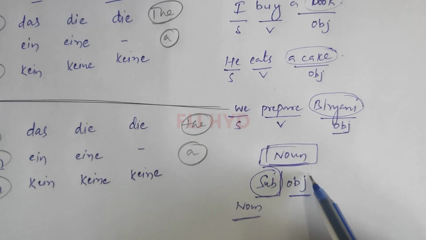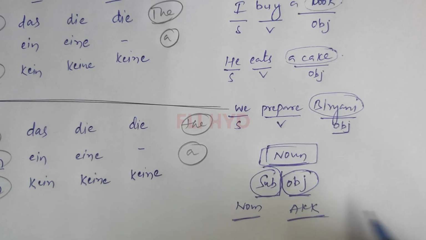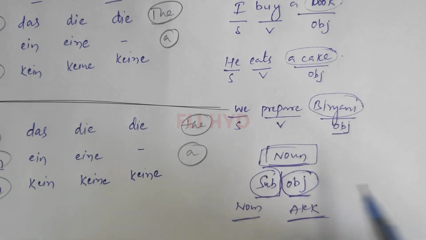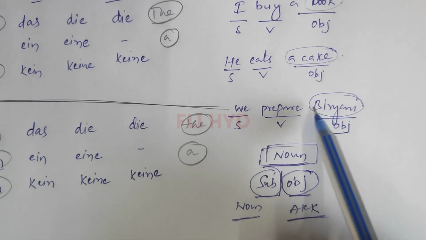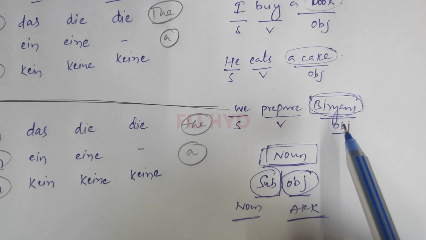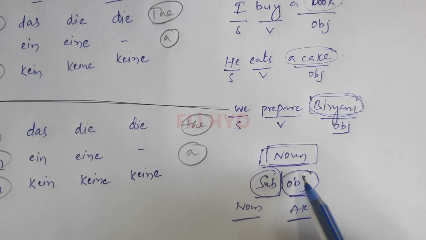The same noun, if it comes in the object place, is called accusative. Don't get confused. Any noun, for example biryani, is a noun, meaning it's a name. It can come in a subject place, or it can also come in an object place.